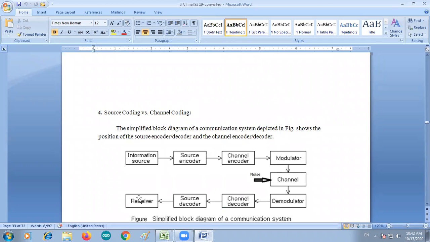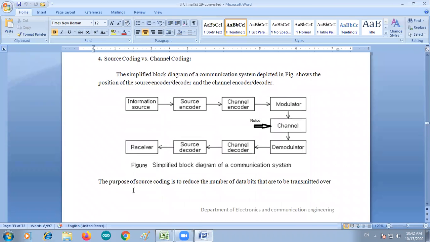The fourth unit is up to mutual information, along with channel capacity. The next class goes to the fifth unit. In the fifth unit we completed some portions, that is source coding techniques: Shannon-Fano coding and Huffman coding are completed now. In the next class we go for some more topics in the fifth unit.